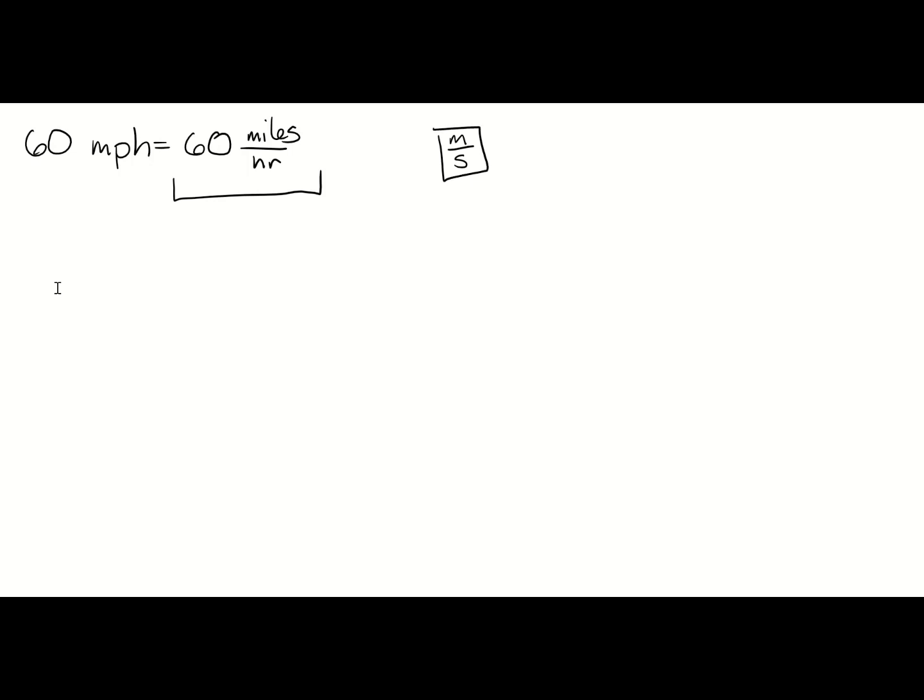Now, as I mentioned, I like to think of this as just multiplying by 1. So if we look at this, we just have to figure out the right way of writing that 1. So we have to get miles into meters somehow, right?